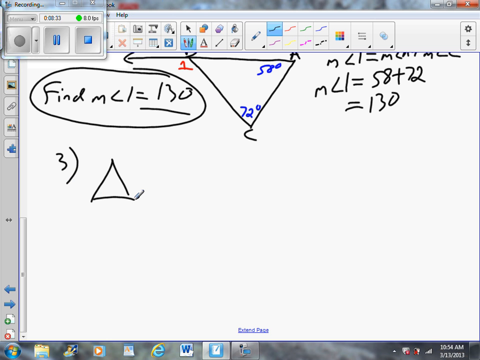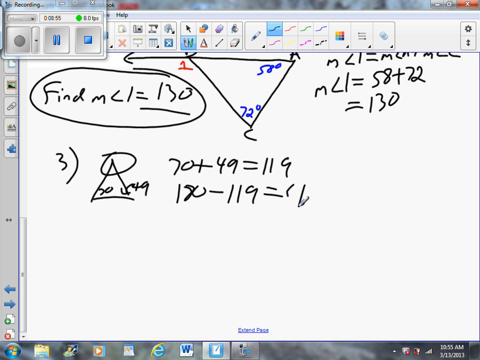One angle measures 70 degrees, and the other one over here, I should have drawn this bigger, 49 degrees. That goes inside there. So you have to find that angle measure right there. So what you do is add 70 plus 49, which is 119. Take 180, subtract that, and that's going to give you 61. Okay? 61 degrees.